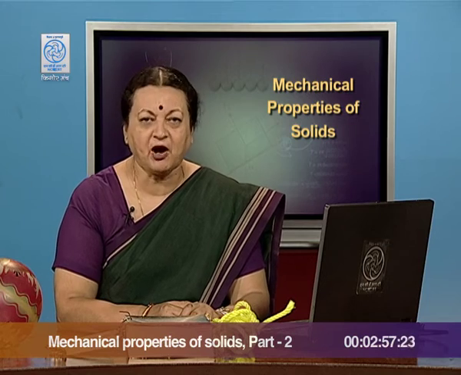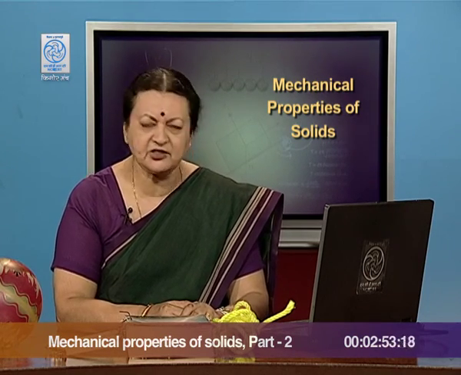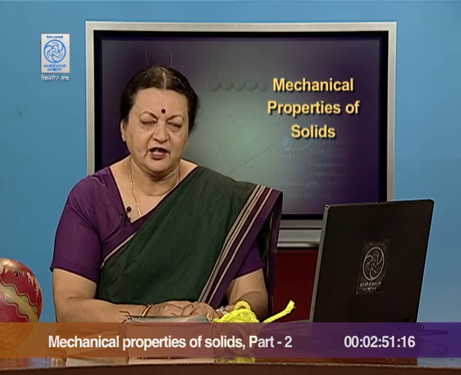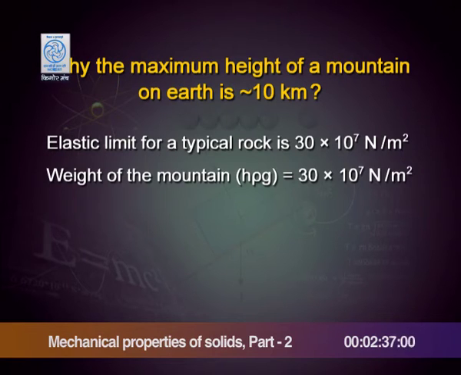Now, let us calculate the highest height that you can have for a mountain on earth. This maximum height calculation is not that difficult. We are going to do it in a very simplistic way. Let us say that the elastic limit for a typical rock is 30 into 10 to the power of 7 Newton per meter square. To calculate the weight of the mountain, we will need its assumed height, the density and g.